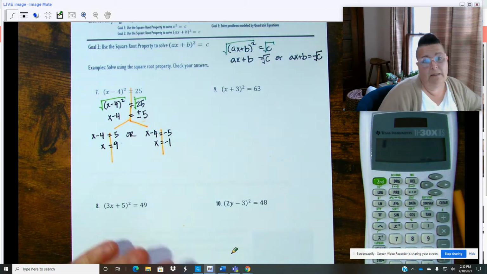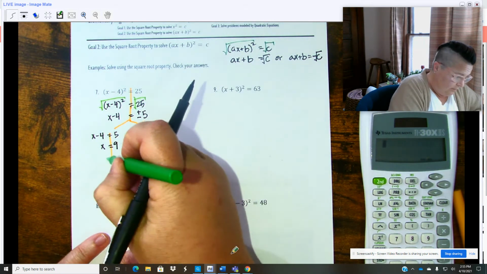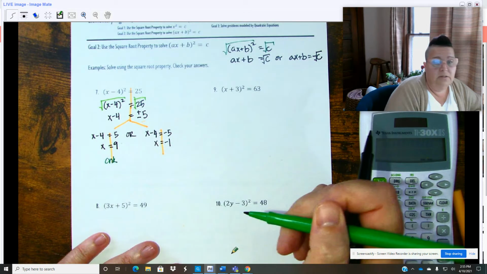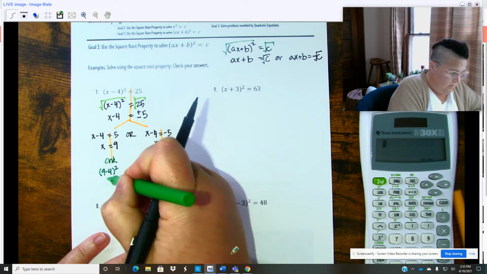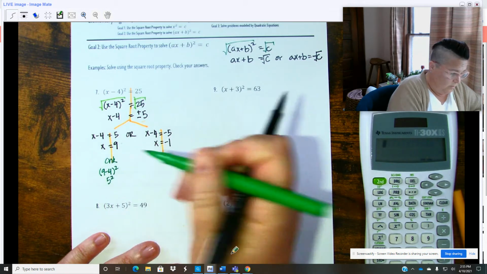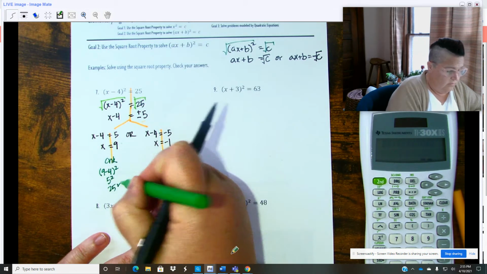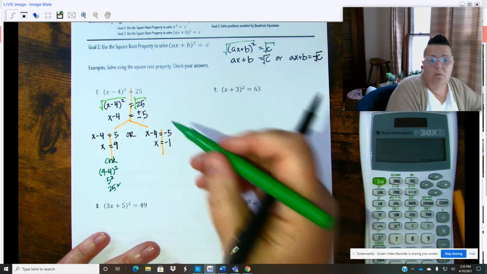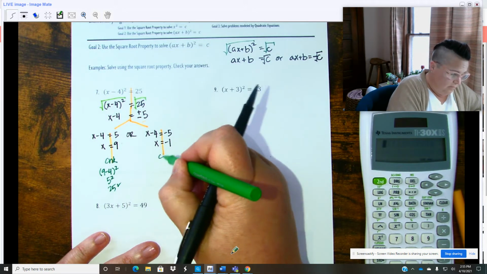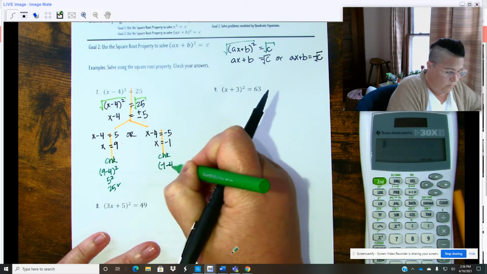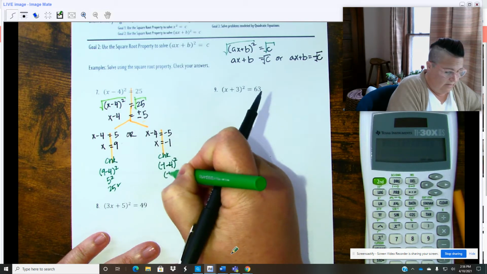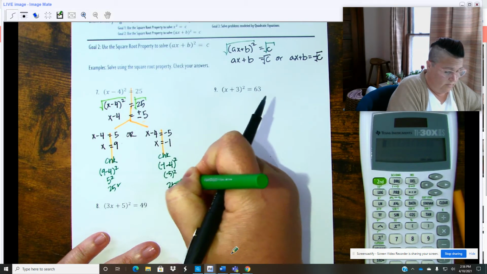So now I really need to check. To check the 9, I have 9 minus 4 squared, or 5 squared, which is 25. So that guy checks. What about checking the negative 1? If I check the negative 1, I have negative 1 minus 4 squared, which is negative 5 squared, which is still 25.